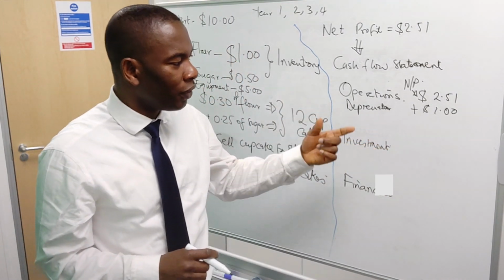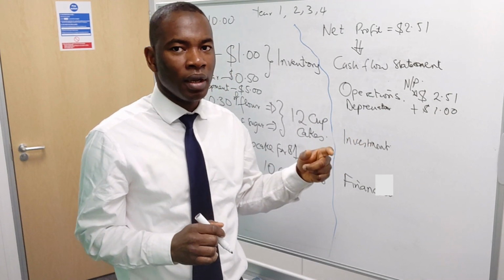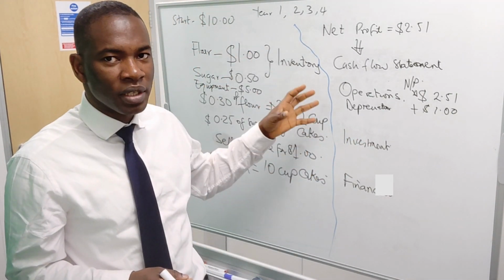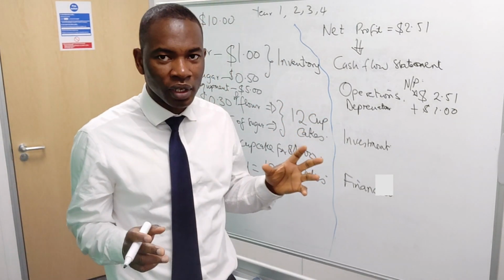If we then move on and ask what are the other things that we need to recognize? Our income statement is so simple that there is not a lot to recognize.